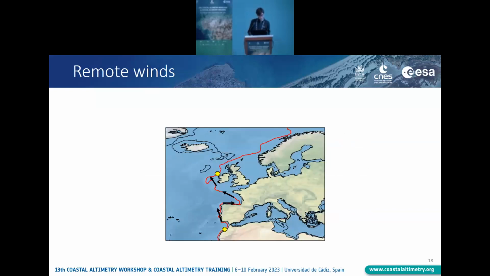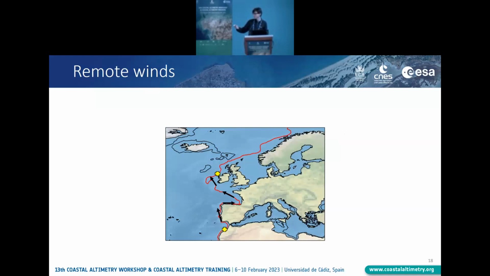Together with that, we also tried to consider not only the contribution of local winds, but also of remote winds. In particular, we consider the winds blowing along the western part of the continental slope of Europe. These winds should affect sea level locally due to Ekman transport, but in fact there is a theory according to which sea level perturbations generated in this region of the ocean are able to propagate further north in the form of coastally trapped waves.